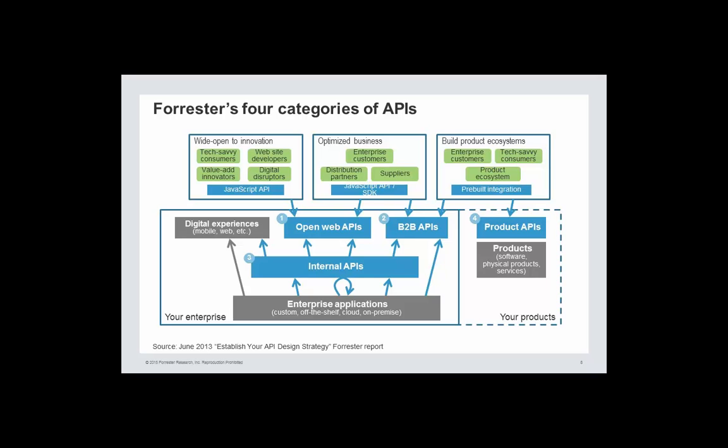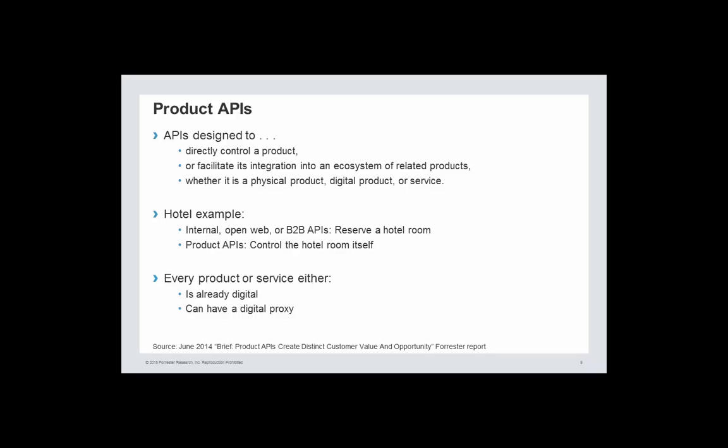But the other one that I don't hear talked about much in the industry is product APIs. Let me describe this a little more, because I think it's a very important angle into thinking about new opportunities and possibilities. A product API is there to directly control a product or to facilitate integrating that product into an ecosystem of related products.